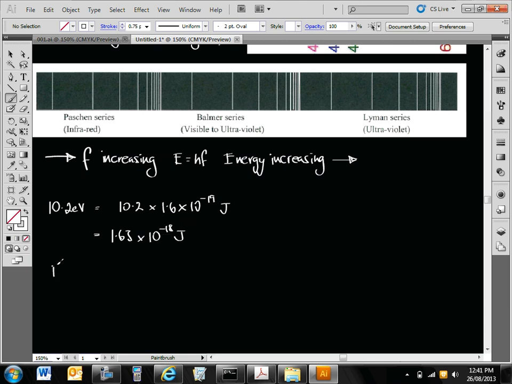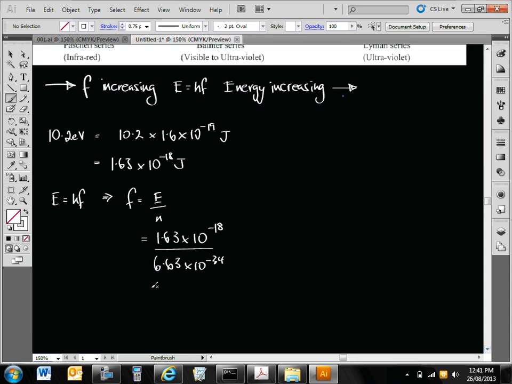Now, E is equal to hf. So from that we can get f is equal to E on h, which equals the energy, 1.63 by 10 to the minus 18 over 6.63 by 10 to the minus 34, which is 2.46 by 10 to the power of 15 hertz.